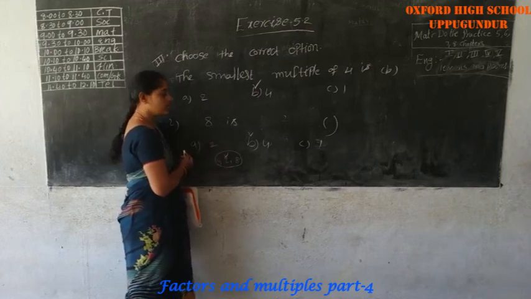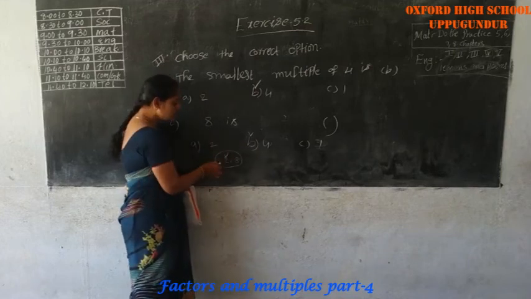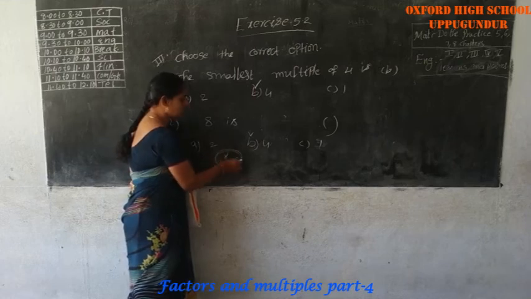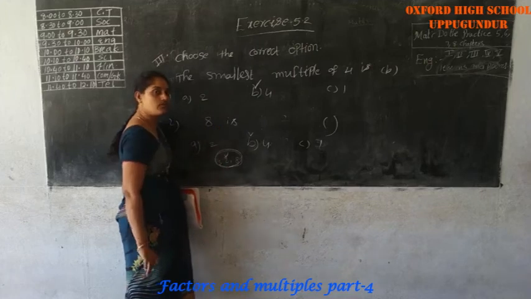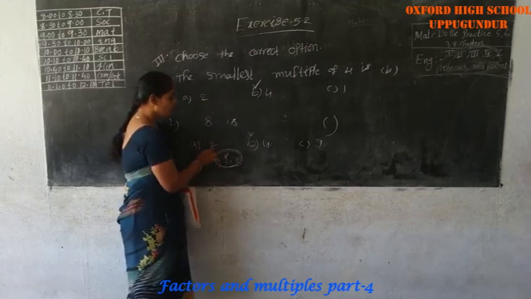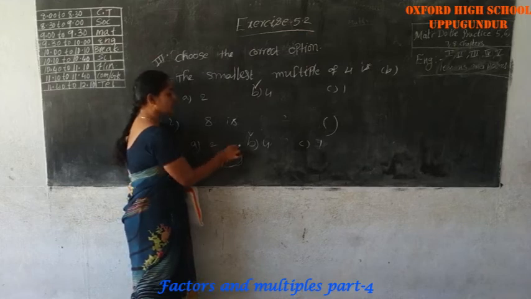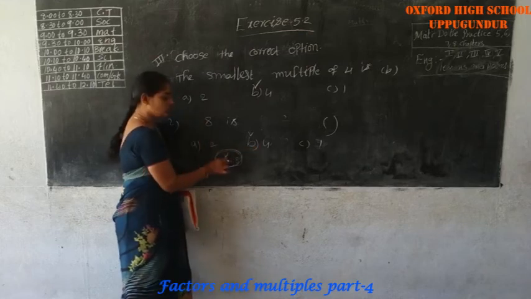Okay. Is it clear? Next, 1 eight is 8. These are multiples. Of these 3 multiples, which one is the smallest multiple of 8? 2 fours are 8, so 4 is one multiple. Next, 4 twos are 8, so 2 is one multiple.